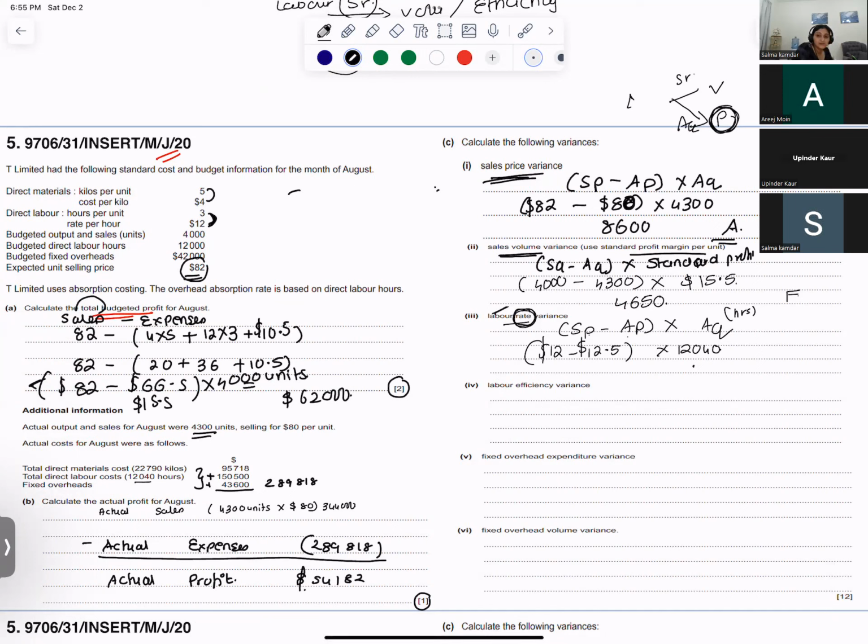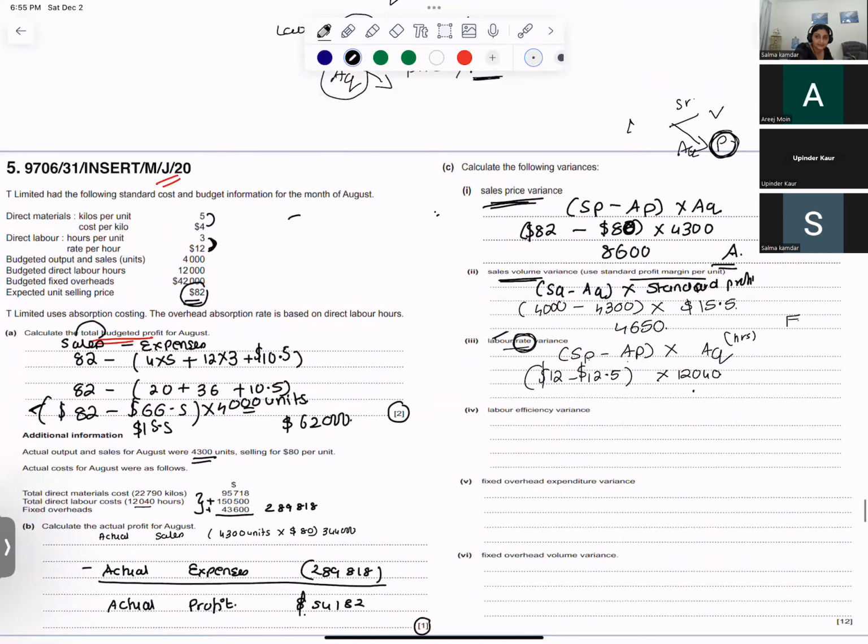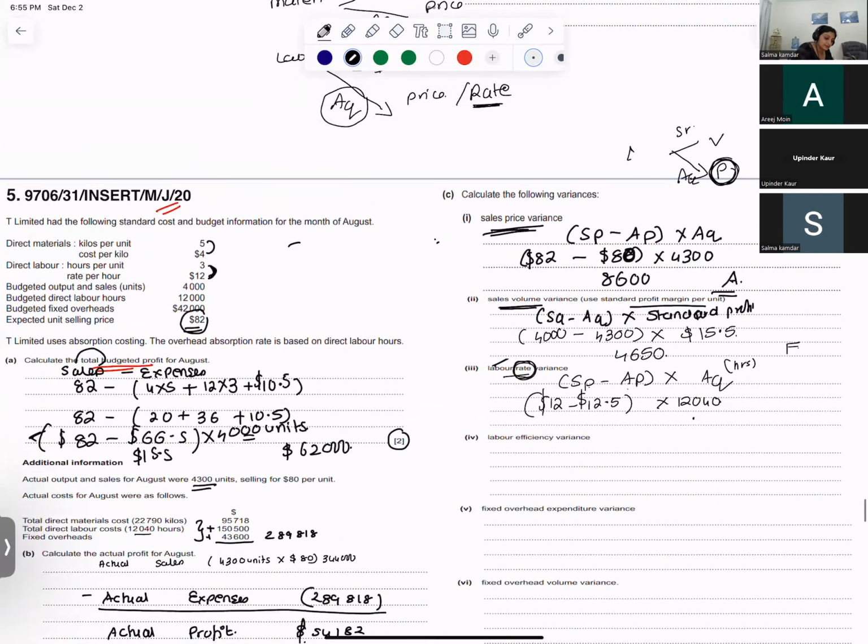Adverse or favorable? 6,020 adverse. You are paying more than what you had expected to pay. So it is adverse, 6,020.